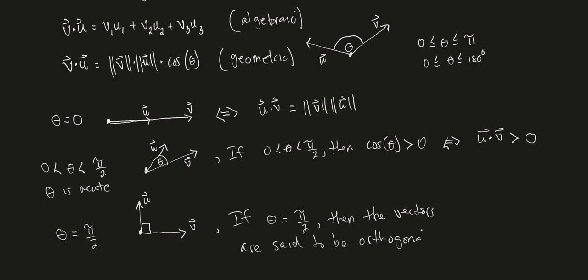I'll go ahead and write perpendicular as well. So, or perpendicular, right? That's what happens when the angle is 90 degrees. Okay, well, what does that mean about the dot product? Well, let's see, think about it. What's the cosine of pi over 2? Think about it on your unit circle.